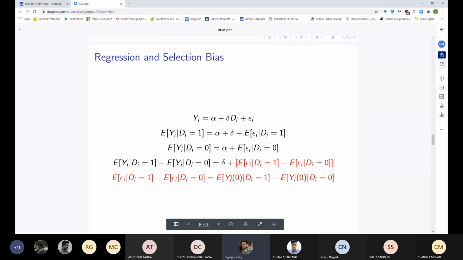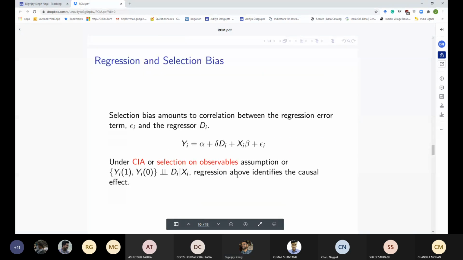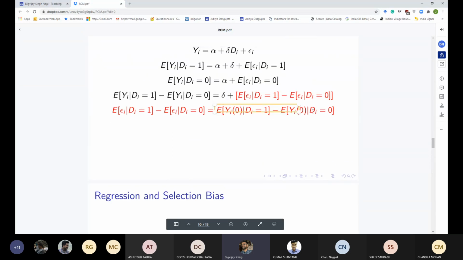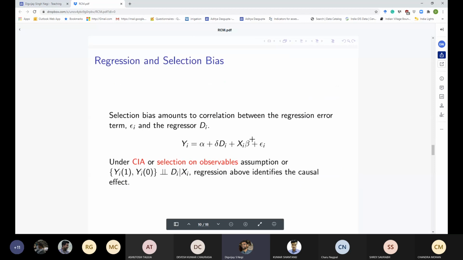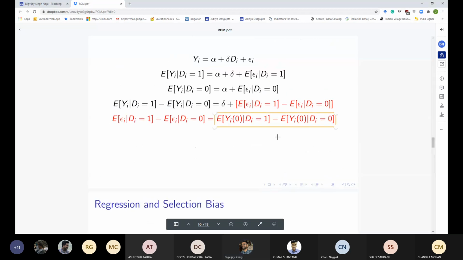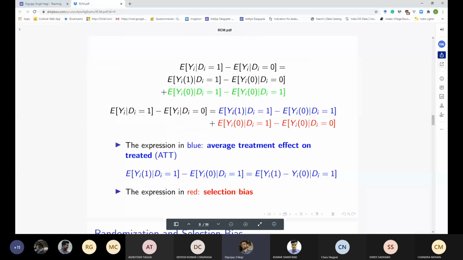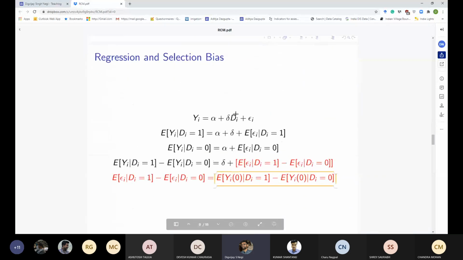In a regression where you have control variables, this is more complicated. You cannot directly relate the error terms here to this structure, because then it has to be conditional on observed variables also.